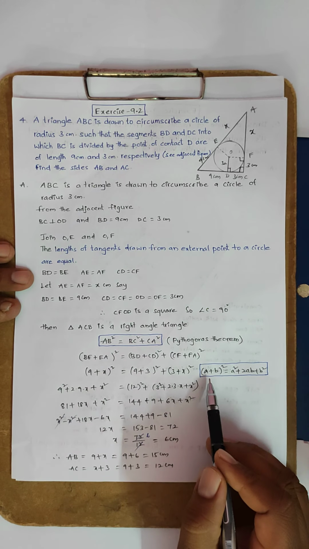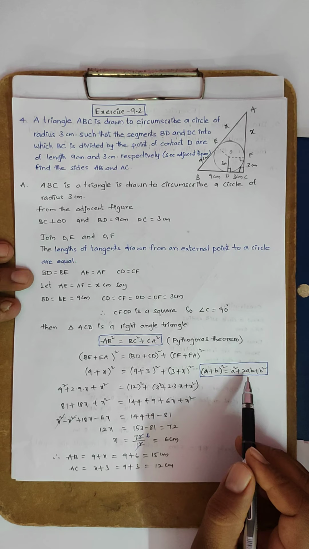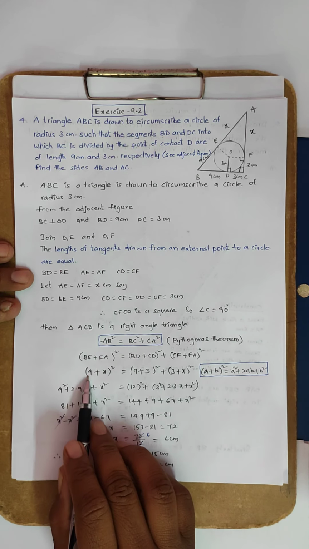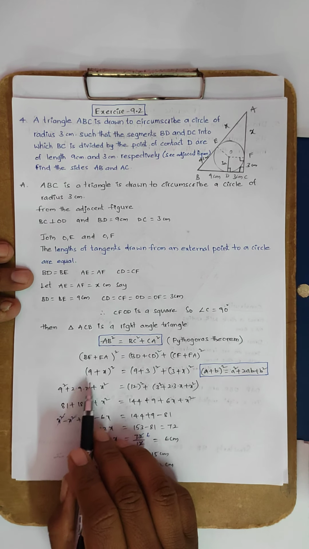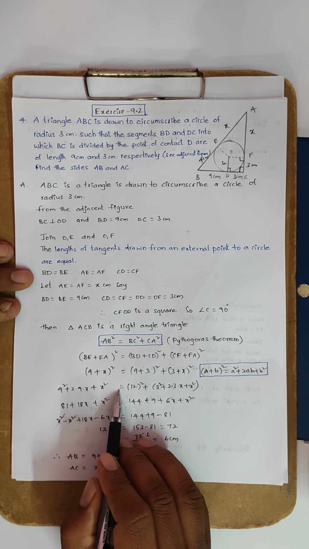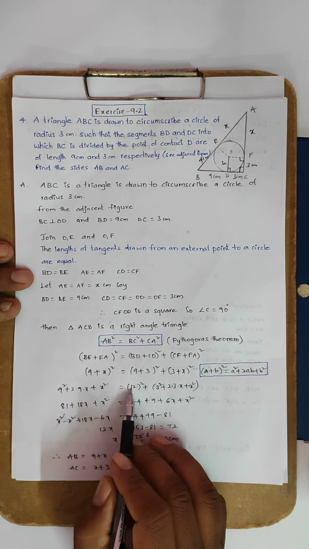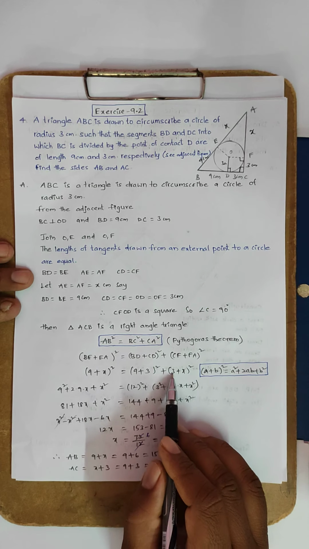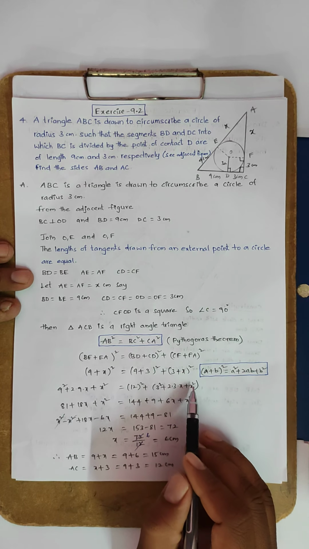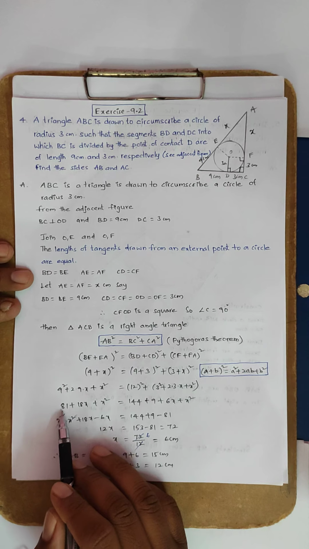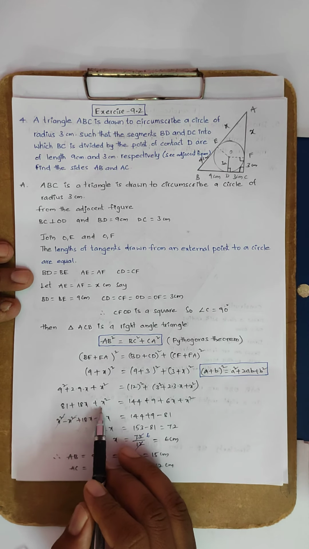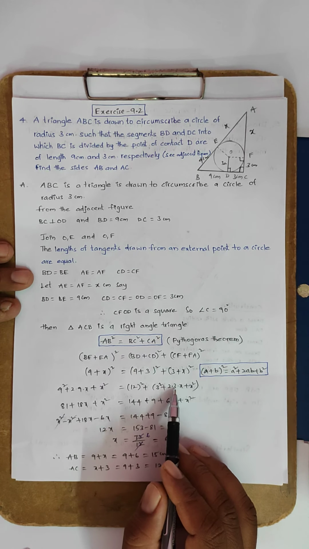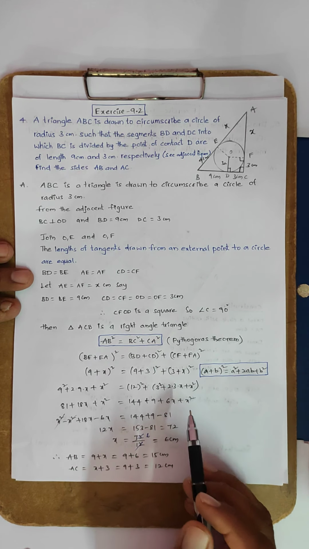This is in the form of (a plus b) whole square equals a square plus 2ab plus b square. So 9 squared is 81, plus 18x plus x square, equals (9 plus 3) which is 12 whole square, 144, plus (3 plus x) whole square, 9 plus 6x plus x square.